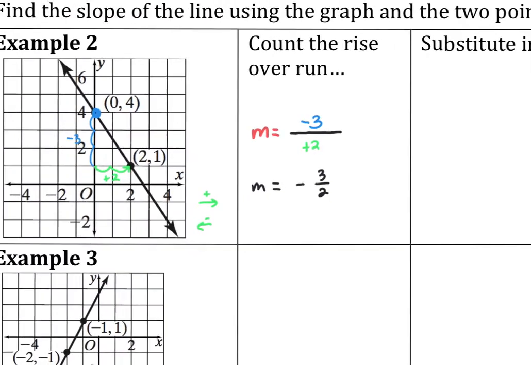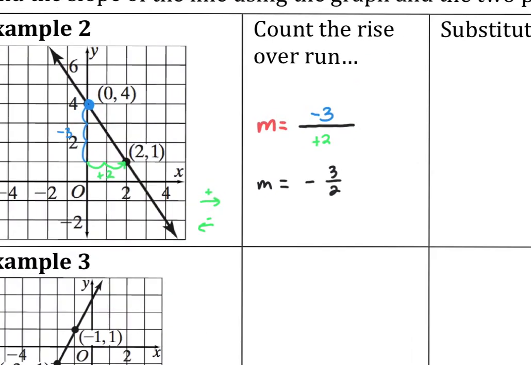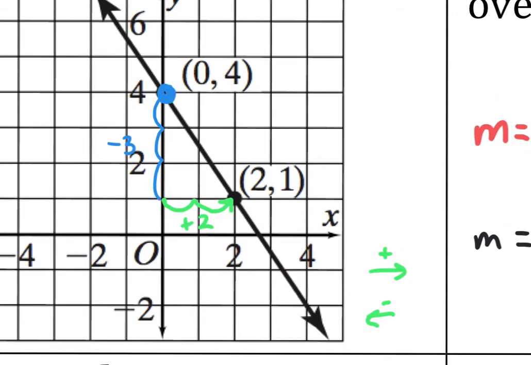Negative 3/2. Oh, but Swenson, I thought you had the negative on the top. You're right, I did. But notice this, if I were to start counting and go the other way, watch the magic here. Let's say I start at this point right here, and I count up 3. That's a positive 3. But now we count left 2. That's a negative.